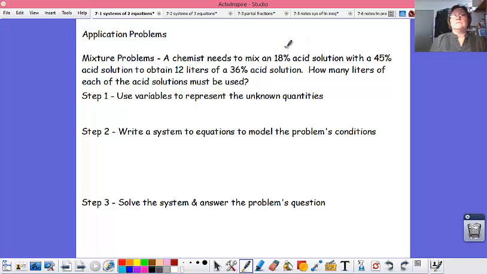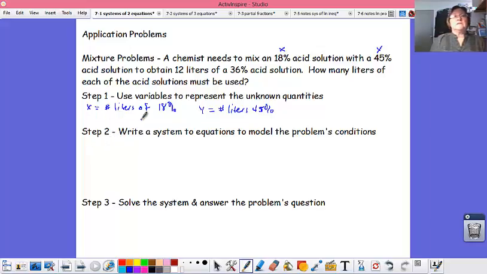We have two of them. You have an 18% and a 45% solution. So if we let x equal the number of liters of the 18% solution, and y equal the number of liters of the other 45%, then I think we can come up with a couple of equations.